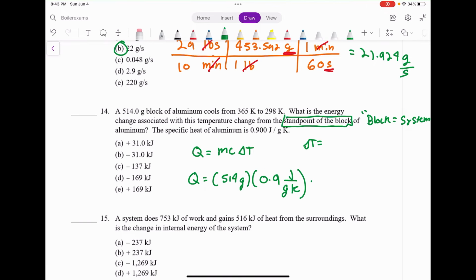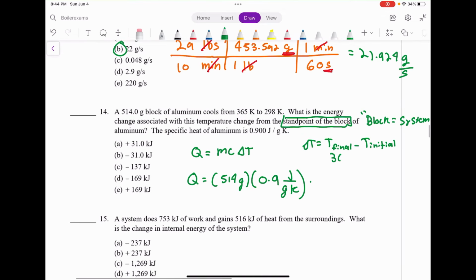Delta T equals T final minus T initial. Anytime you take a delta, you're always going to do your final minus your initial. 365 minus 298, that's going to give us 67. Change in temperature is 67 degrees Kelvin.